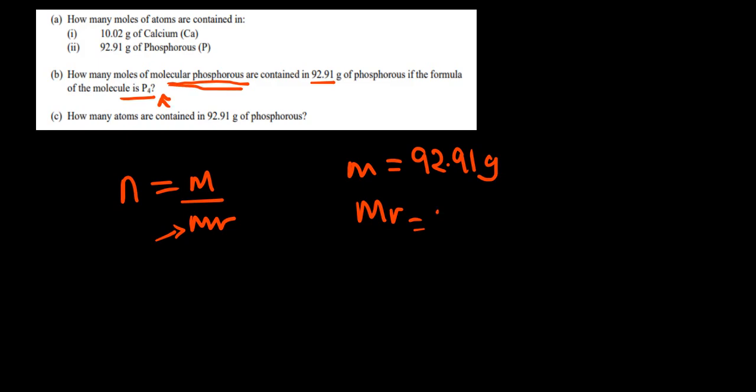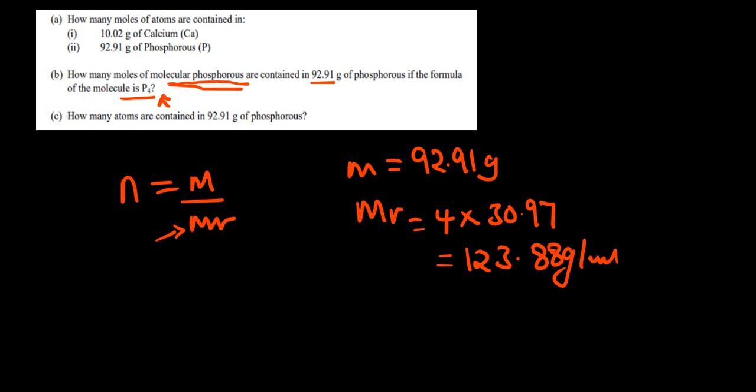So we are going to say 4 multiplied by the molar mass of phosphorus, which is 30.97. When we multiply this, we get approximately 123.88 grams per mole.